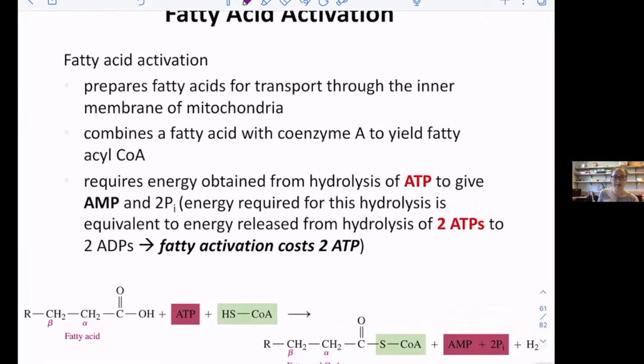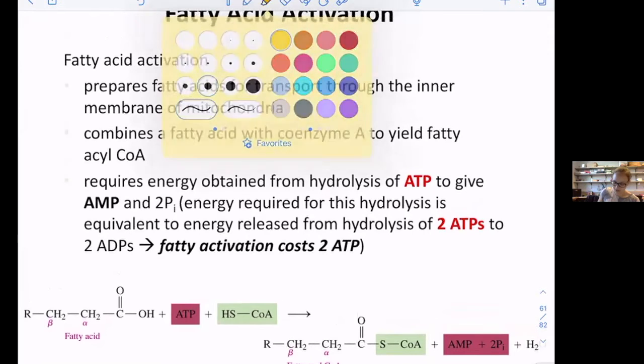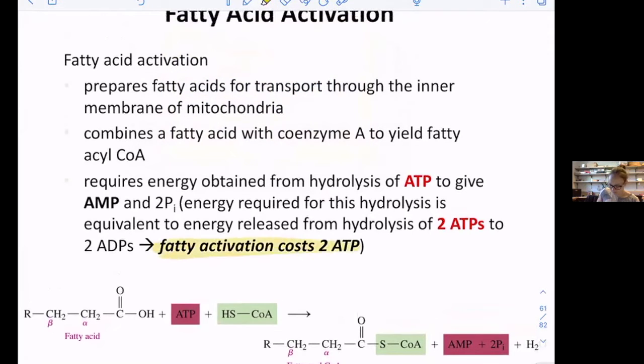And it requires energy obtained from hydrolysis of ATP; long story short, you have to put 2 ATP into this to get the process started. So fatty acid activation costs 2 ATP. You've got to initiate with 2.